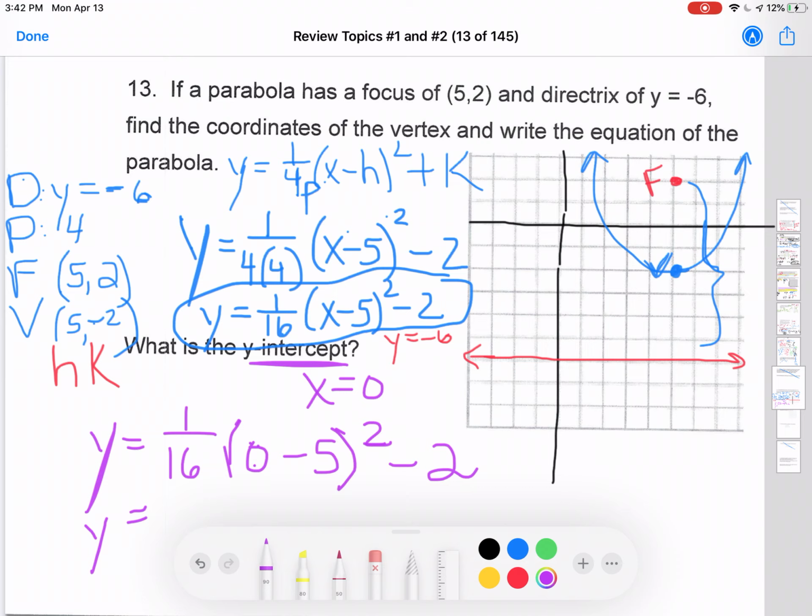All right, I gotta plug that in the calculator. I didn't do that yet. All right, so 1/16 times 25 minus 2. Okay, so that looks like negative 7/16. I hope that's right. Let me just double check. Yeah, I think so. Okay.